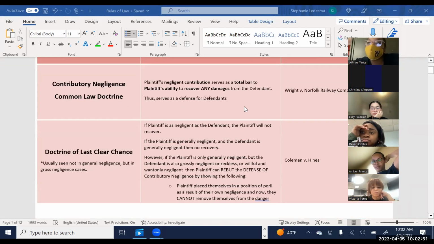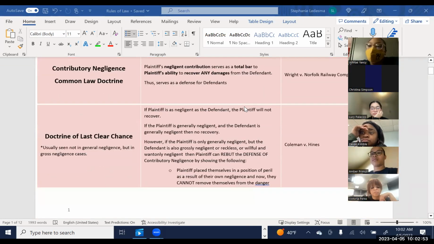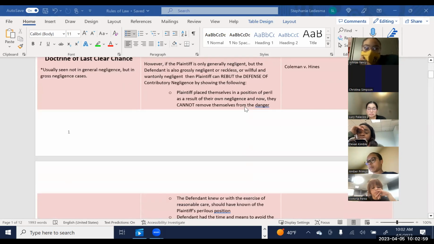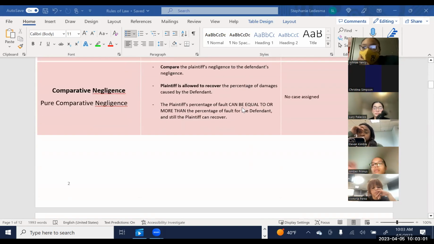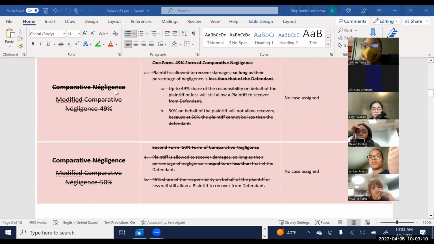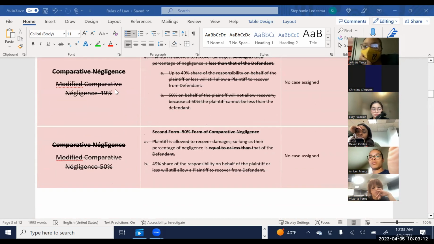So we went through contributory negligence, went through the doctrine of last clear chance, which is a doctrine that's connected to contributory negligence. We then proceeded through comparative negligence. We're focusing specifically on pure comparative negligence. You'll see that I had modified comparative negligence on my chart for the purpose of preparing for the summative.